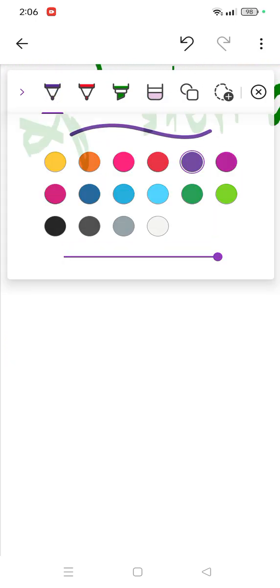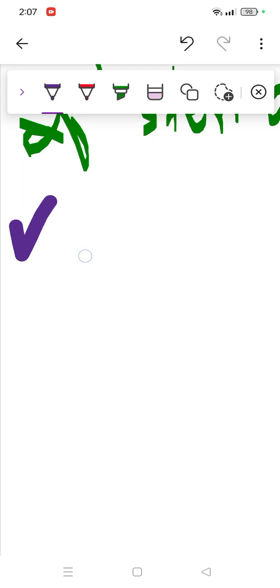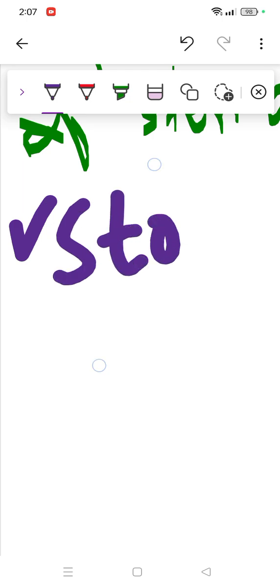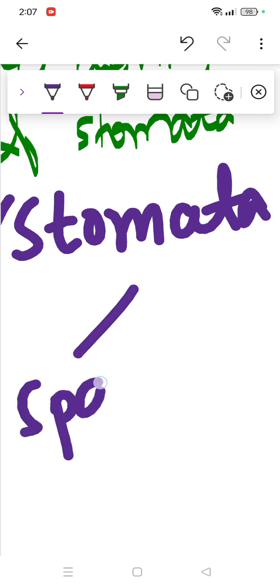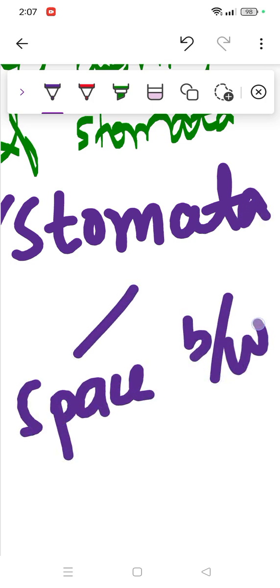First thing you will see is what stomata is. Stomata is only a kind of space between two guard cells. The guard cells are kidney shaped structures. The gap here is called stomata, as I mentioned, a space between two guard cells.